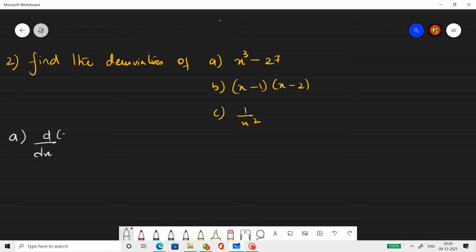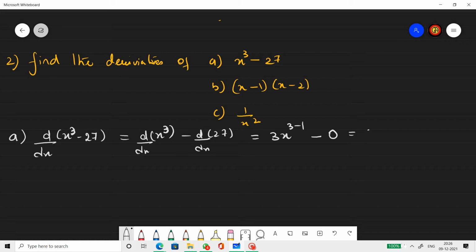Differentiation of x cube minus 27, which is differentiation of x cube minus differentiation of 27. X cube differentiation is using the x power n rule. So 3x to the power of 3 minus 1. 27 being a constant, differentiation is 0. So 3x square is the answer.